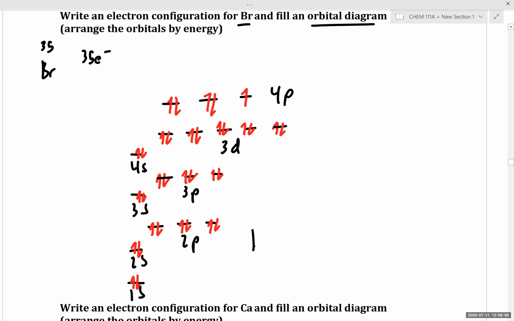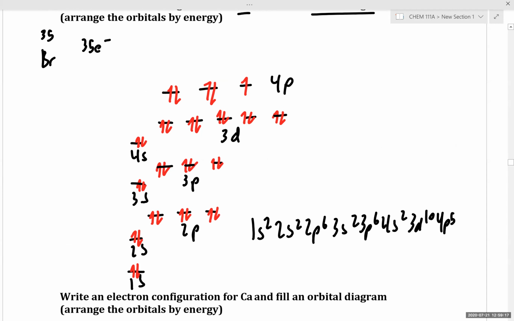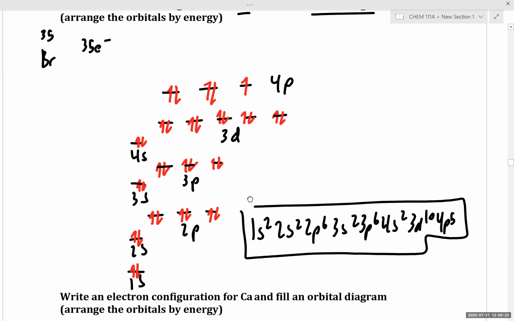Now we note the number of electrons in each of our subshells. So 1s2, 2s2, 2p6, 3s2, 3p6, 4s2, 3d10, and 4p5. There we go. So we've written out the complete configuration for bromine.